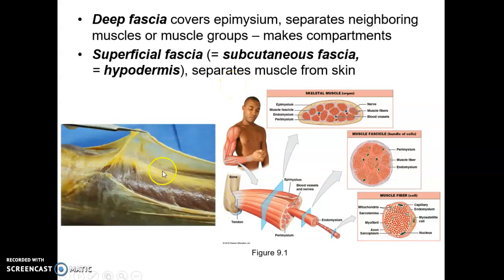I think I showed you this picture before, of some superficial fascia underlining the skin, which has been removed. If you remove this, you'll see muscle, which is in brown here, and the muscle is enveloped in a connective tissue sheath also, and that would be the deep fascia.